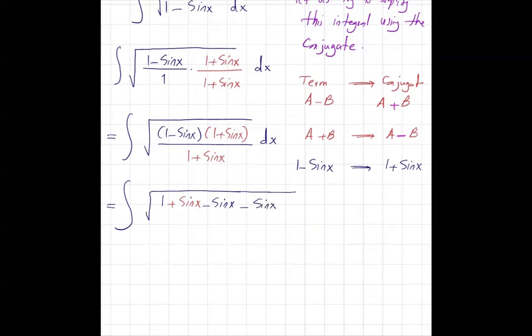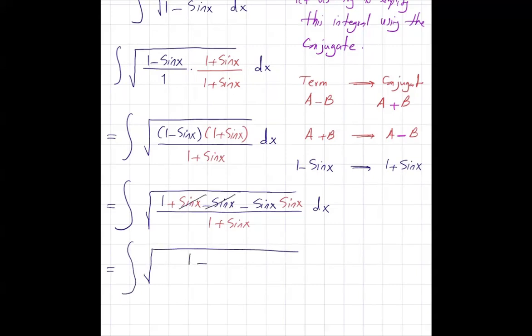And then the denominator, we have this inside the radical, which is 1 plus sine x, then dx. Or you could use the algebra. You have the square root of, these two are opposite of each other, they get cancelled out. You get 1 minus sine squared of x divided by 1 plus sine x dx.